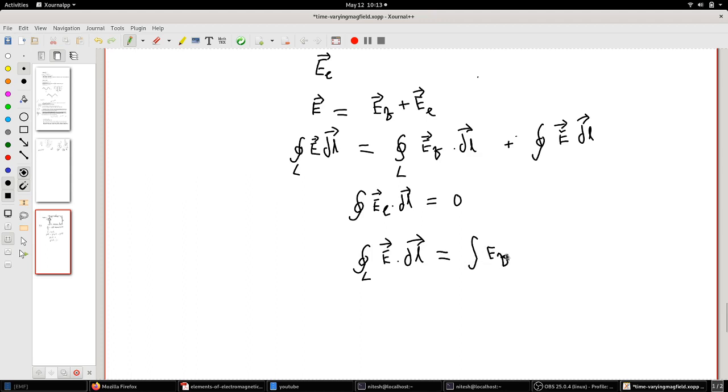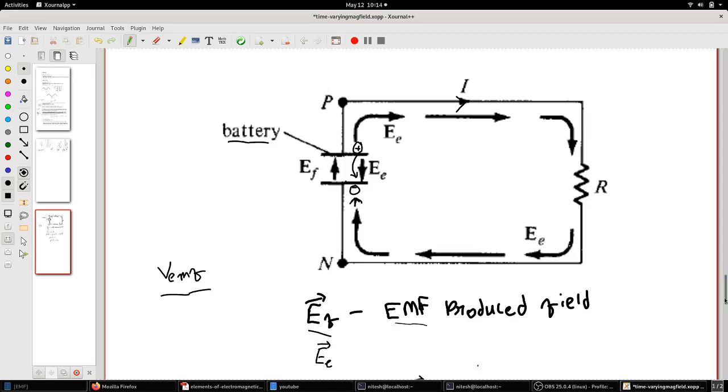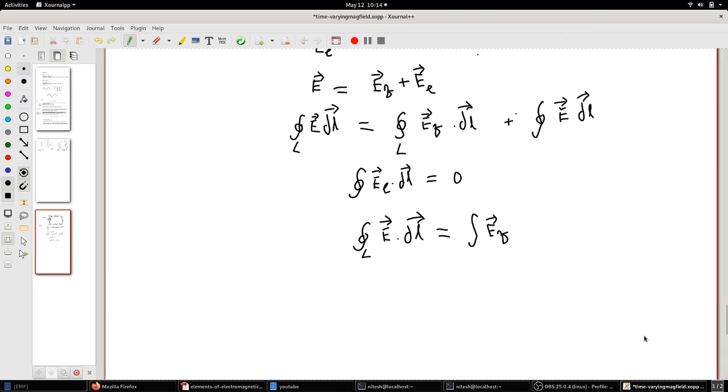EF is 0 outside the battery. So I can say that EF exists only from points N to P, so the integral from N to P of EF dot dl.